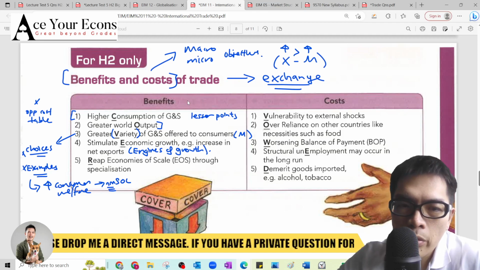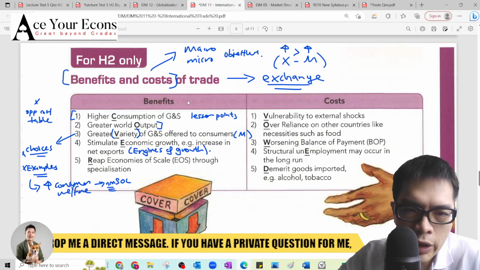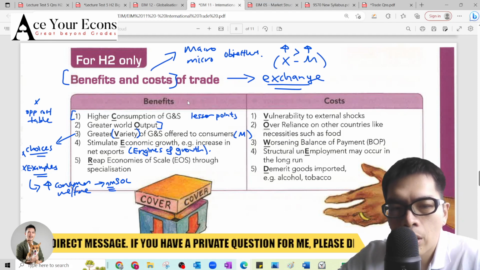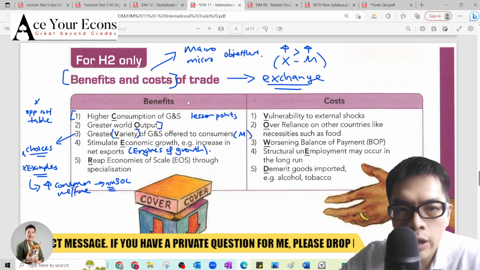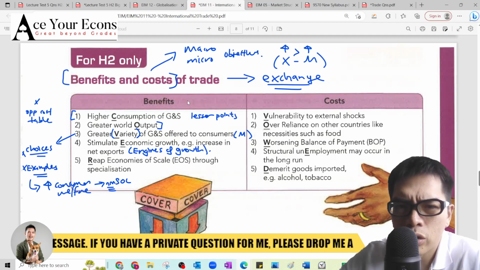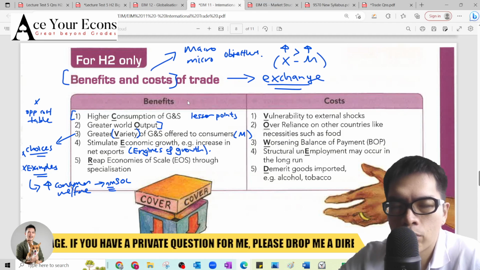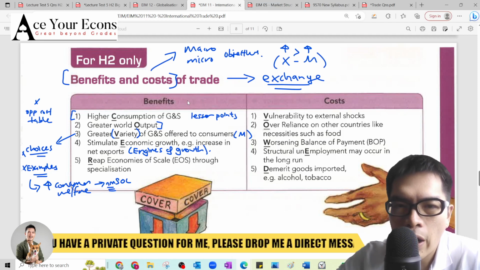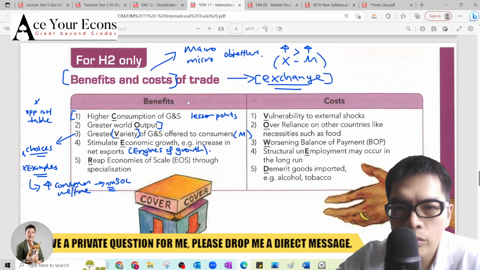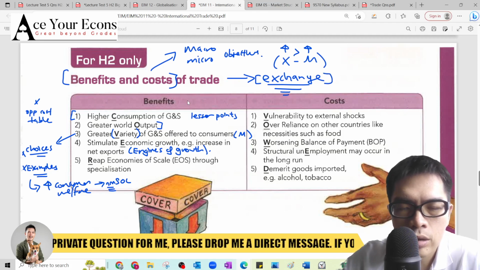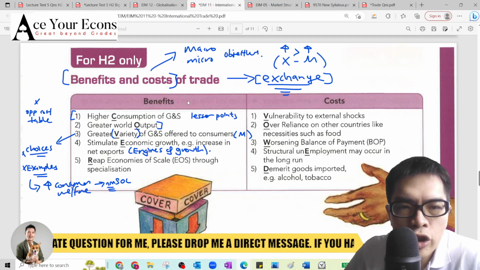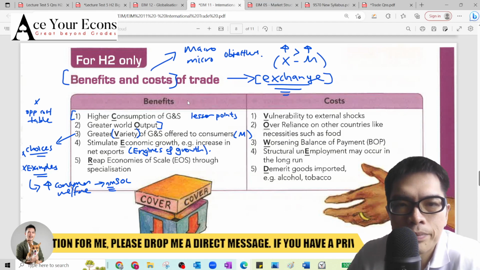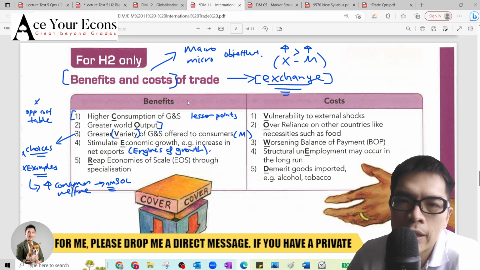So for students who choose to develop this point, remember, the focus of this question is not so much on using the AD-AS framework. You still need to, but I am looking out for how exchange arises. This one is important. Does exchange arise because of abolition of trade barriers, then X minus M goes up?